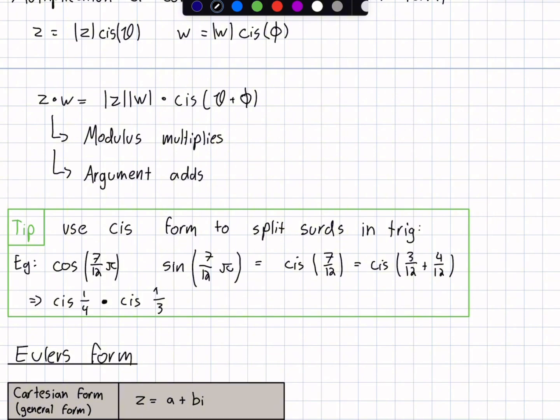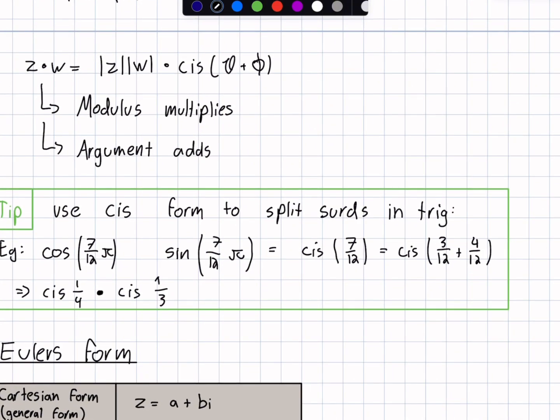Here is a tip you can use in your exams. You can actually use the cis form to split surds in trigonometry.